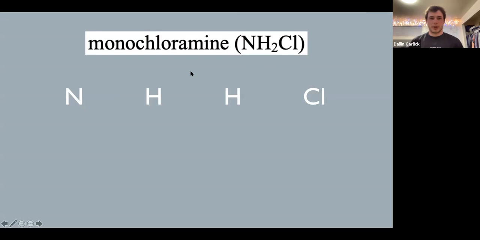Now let's do monochloramine. So we have 5 valence electrons for the nitrogen, 1 for hydrogen, 1 for hydrogen, and then 7 for chlorine. Nitrogen will have 5, and that will be the central atom. There's the nitrogen, the hydrogen, and then the other hydrogen around it.